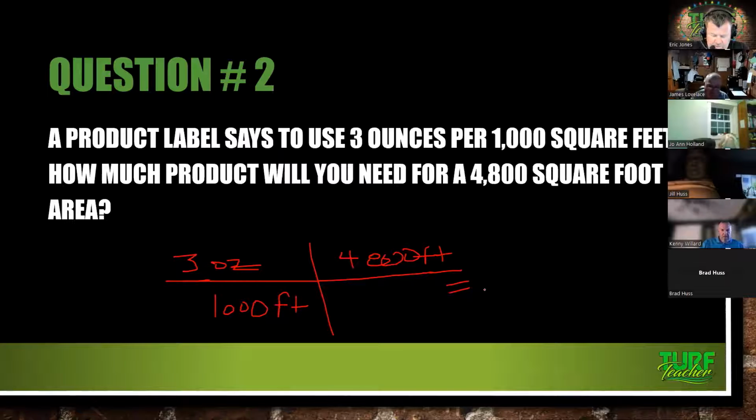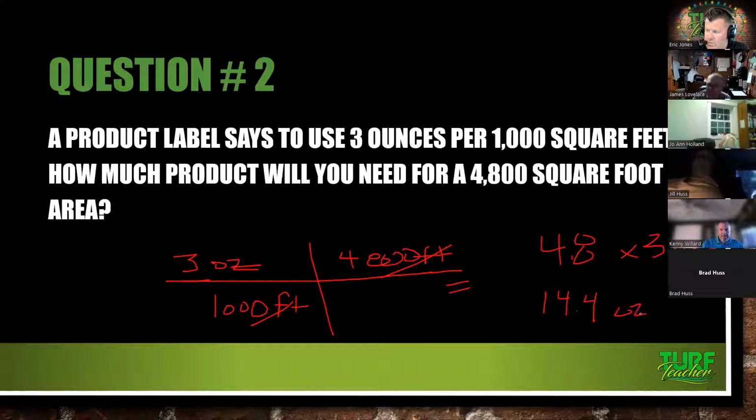If we divided, those cancel out, and we'd get 4.8 times our 3 ounces. That's 14.4. We need 14.4 ounces of our product.